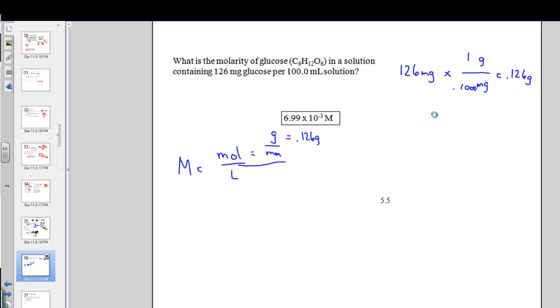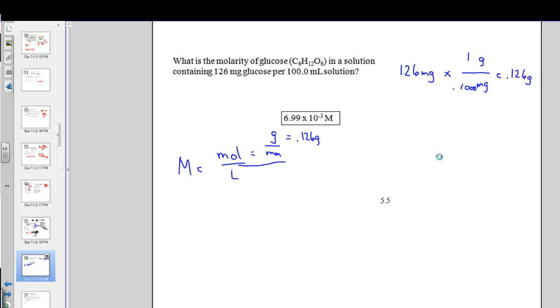And now that we have the grams, we'll also need to do a little work with the molar mass to be able to pull out moles. We have to sum 6 carbons, 12 hydrogens, and 6 oxygens. And I can do that while the wheel is spinning here. Carbon has a molar mass of 12, and there's 6 of them.